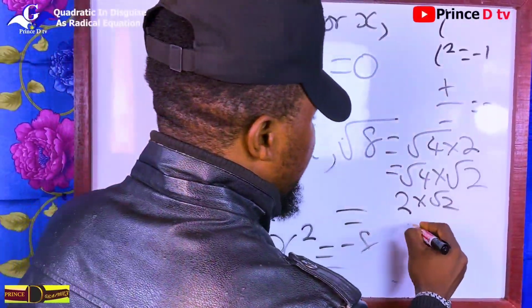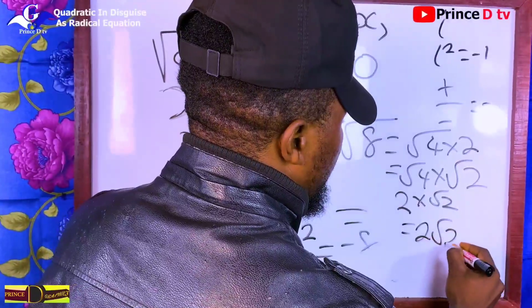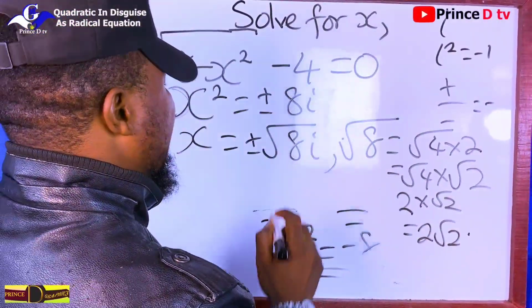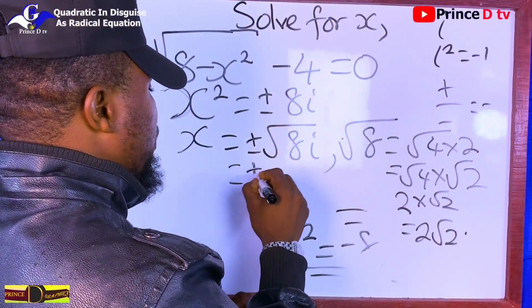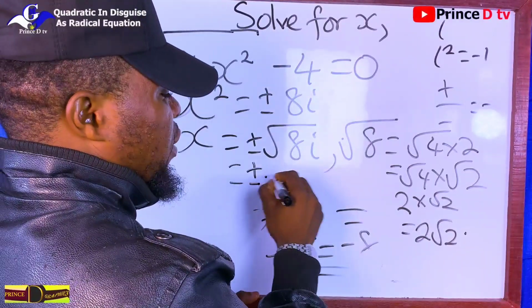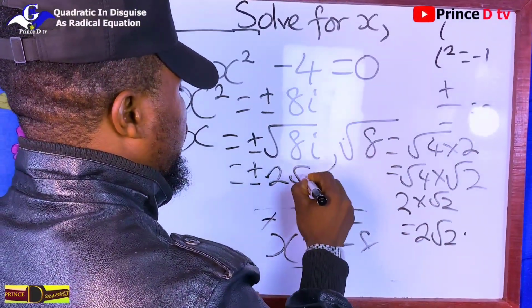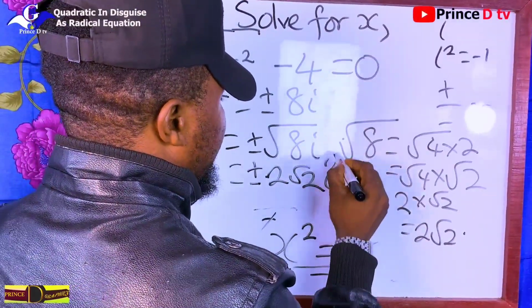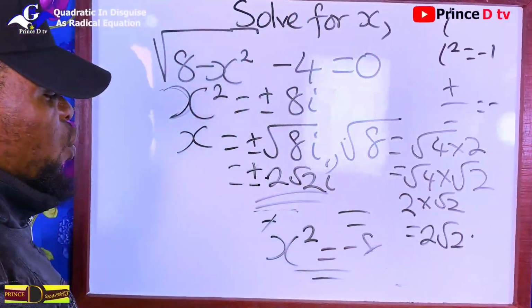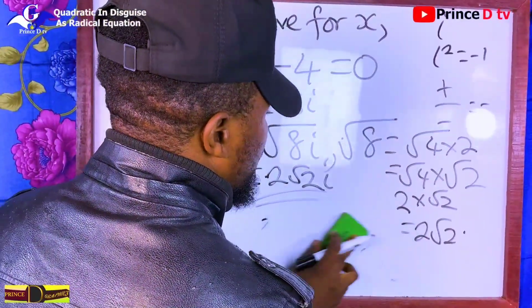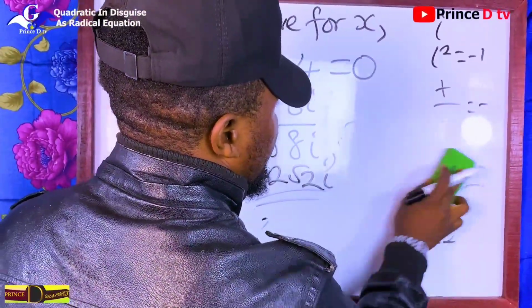And 2 multiplied by root 2 is simply 2 root 2. And we are left with the i. So that makes it plus or minus 2 root 2 multiplied by the i. So that's the solution of the equation.